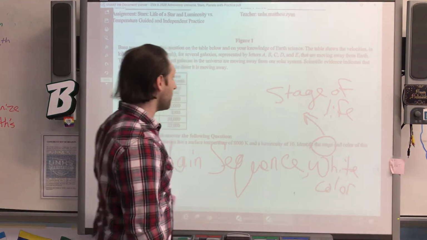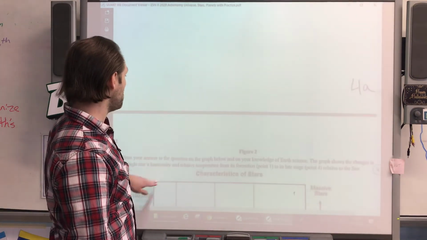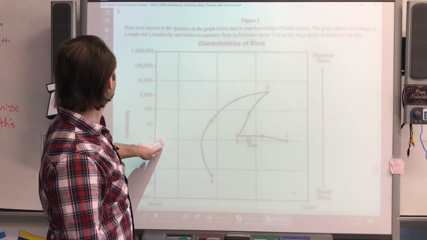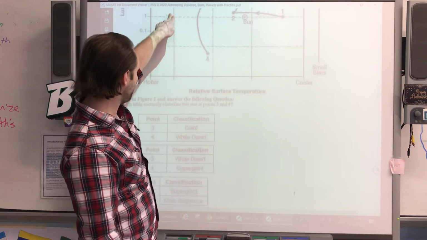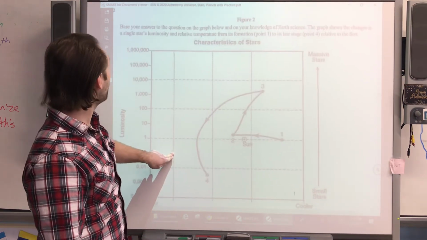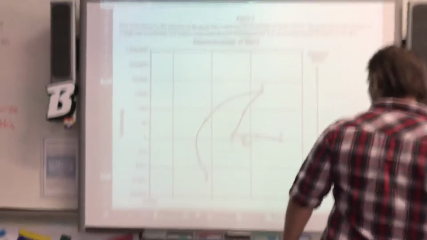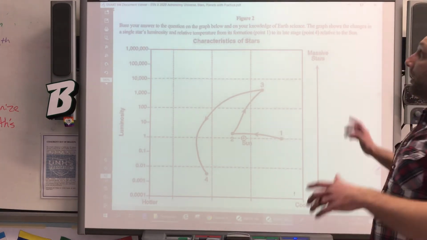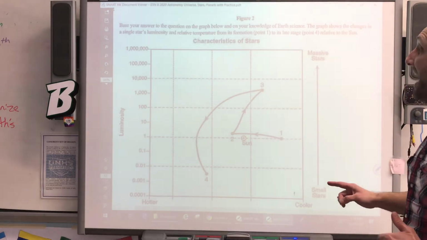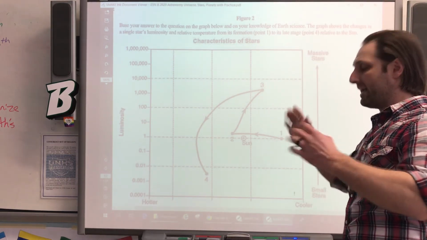All right, let's go to the next question. Number 2. Número dos. Love it. Woo, this is a big one. All right, so base your answer to the question on the graph below and your infinite knowledge of Earth science.